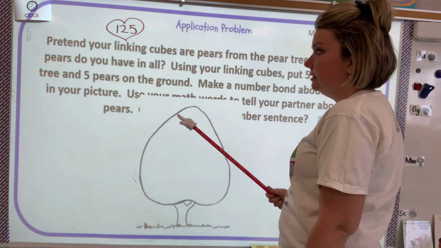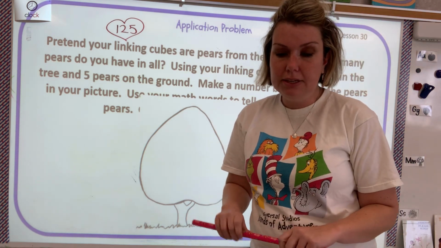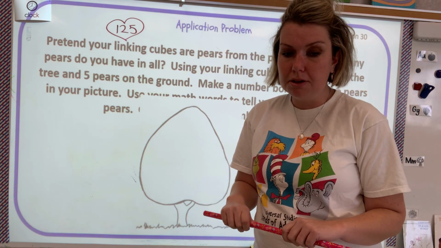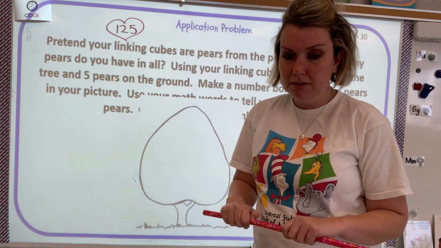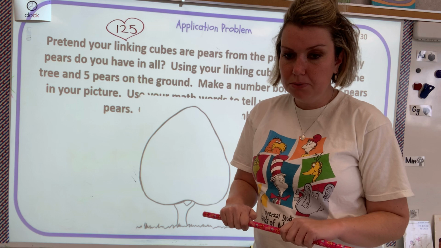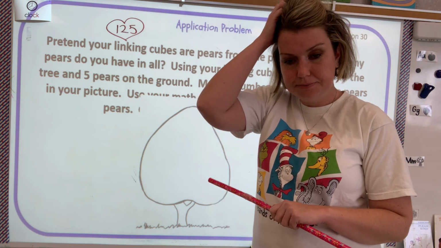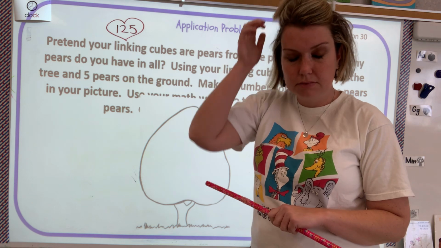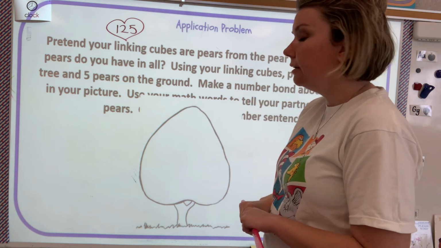Okay. Pretend, oh, and you're going to need your linking cubes or small objects to count with. So grab those for me as well. Ooh, Landon's already got his. How many linking cubes do we need? 10.